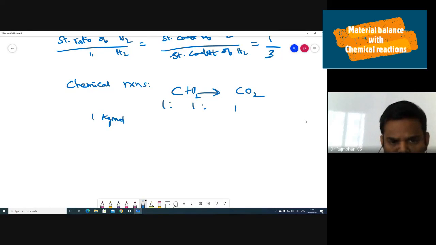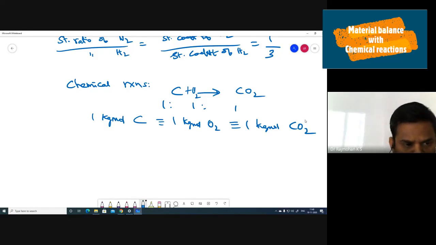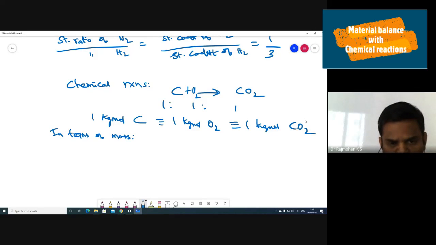Always we should know how to write that. If it is in kg moles, 1 kg mole of C reacts with 1 kg mole of oxygen to form 1 kg mole of CO2. Okay, so if I multiply by the respective molecular weight, in terms of mass, how can I write the same? 1 into 12 kg per kg mole gets cancelled.